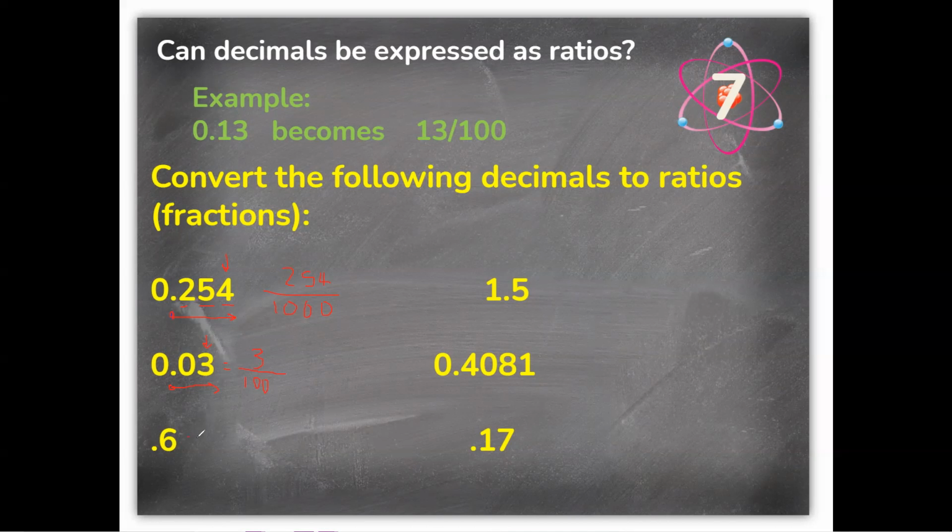Last one I'm going to do is this one here, 0.6. I'm looking at all the numbers after the decimal place. That's just a 6. That's in the tenths place, or there's 1 number after the decimal, so I'm going to have 1 zero. So go ahead and pause the video, try these 3 problems over here.